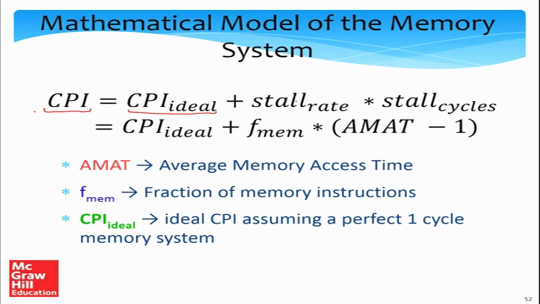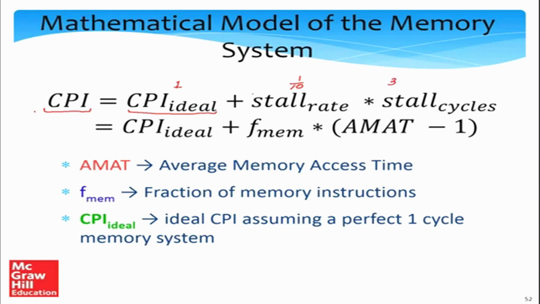So for example, if for every 10 instructions, one of the instructions stalls, then the stall rate is 1 in 10. And let stall cycles be the number of cycles that we waste because of the stall. So let us assume that the ideal CPI is 1, which is the case of maybe a single cycle processor, the stall rate is 1 in 10, and for every stall we on average waste 3 cycles.